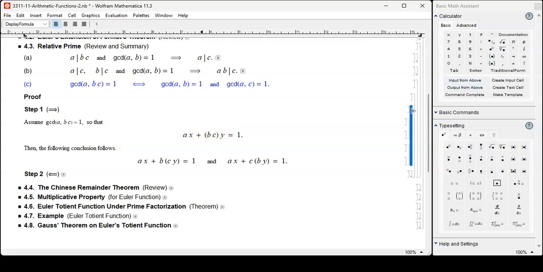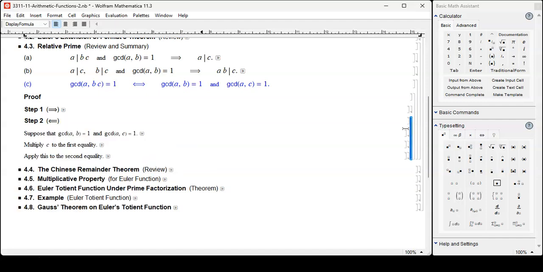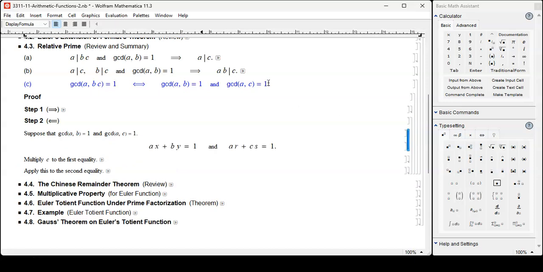No problem. Trivially simple. Now the second direction requires a bit more work. Assume the right-hand side, so we have this linear combination expression, ax plus by is 1, and then this linear combination from the second GCD, ar plus cs is 1. And then we're going to prove this: A times some integer plus bc times another integer is 1.